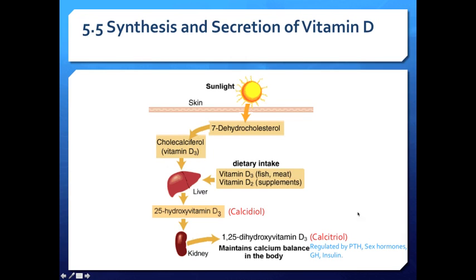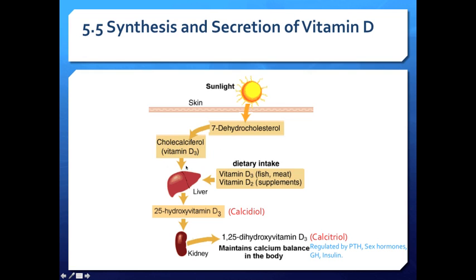So now we're going to move on to vitamin D. Vitamin D is, again, an interesting multi-step process in which it's being synthesized. So basically, after exposure to sunlight in the skin, there is a conversion from 7-dehydrocholesterol to cholecalciferol, and that's vitamin D3.